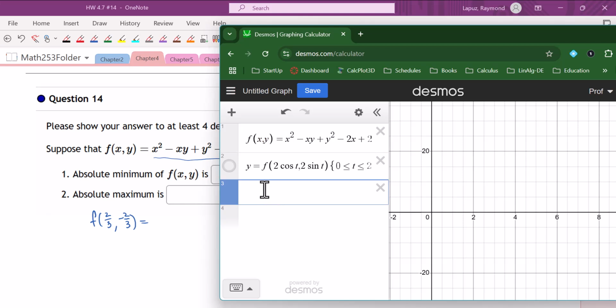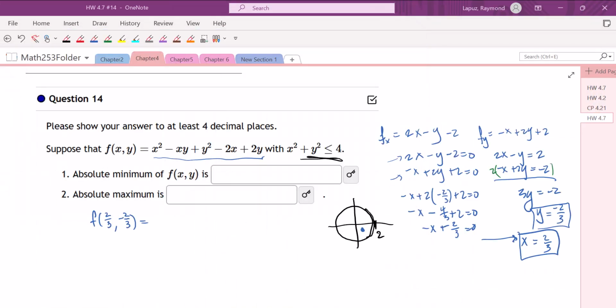If I put in f of positive 2/3 and negative 2/3, I get negative 1.3. So I think that's negative 4/3. We'll come back to that Desmos file in a few minutes, but for now, this is our value.